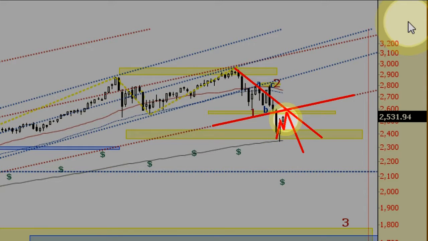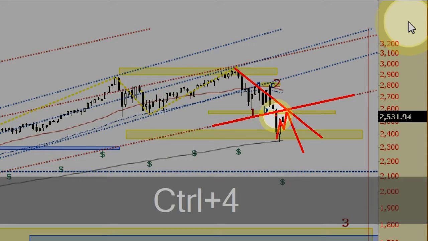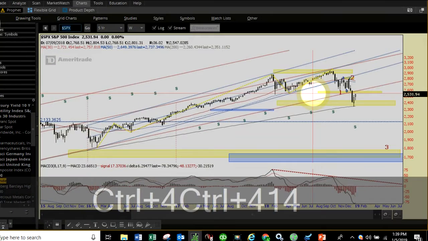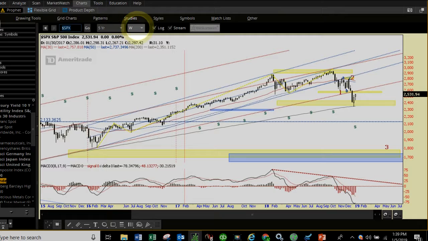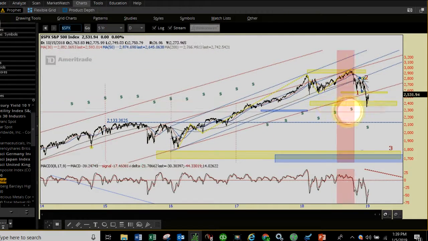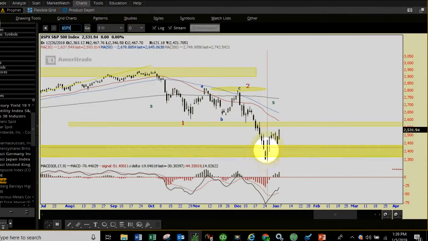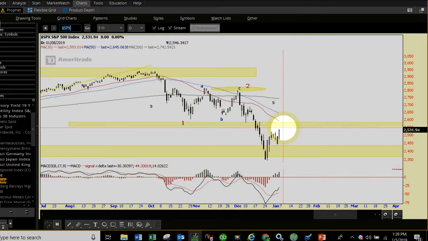So we've had 2 weeks now of up move with a kind of in between down move, which if you look at, and we can here, let's just go to a daily chart real quick, you can kind of see the ABC there. Now I think we've got to go a little higher.